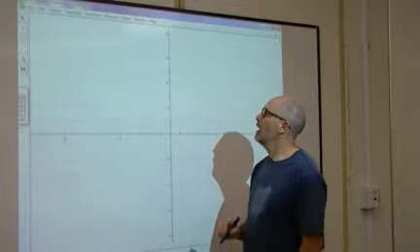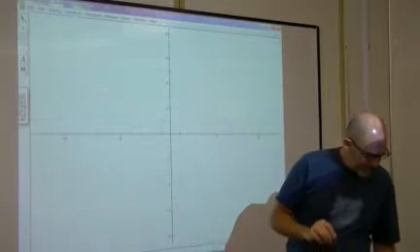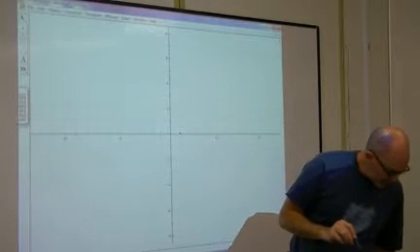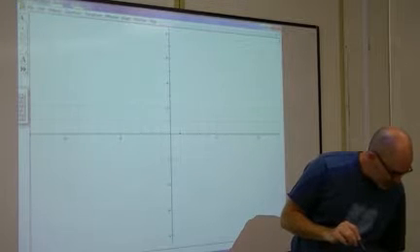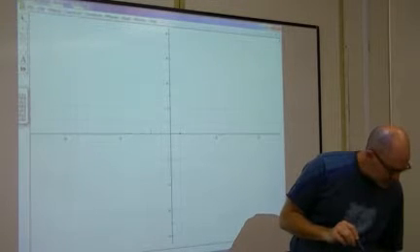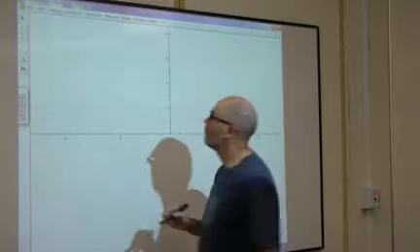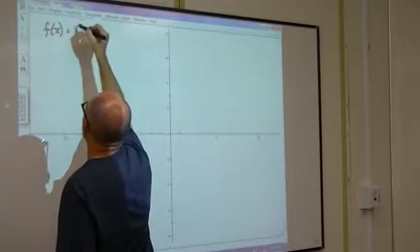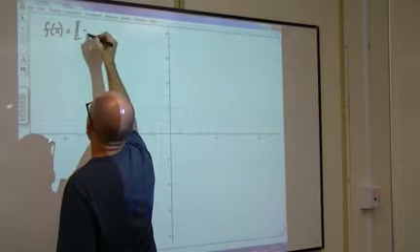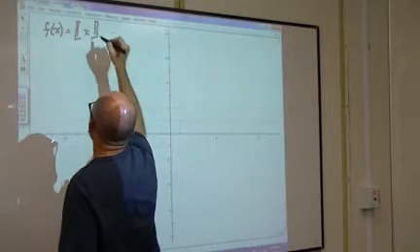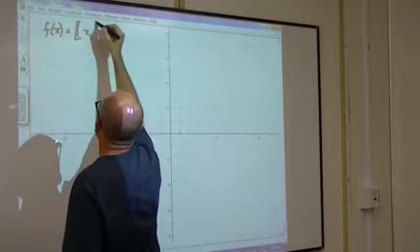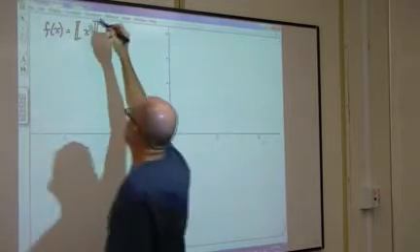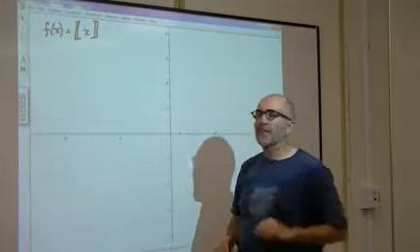Okay, so f of x equals the greatest integer function. These are just brackets with a double line there. You remember this from math analysis.